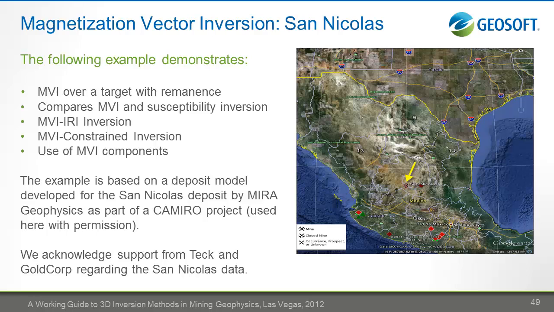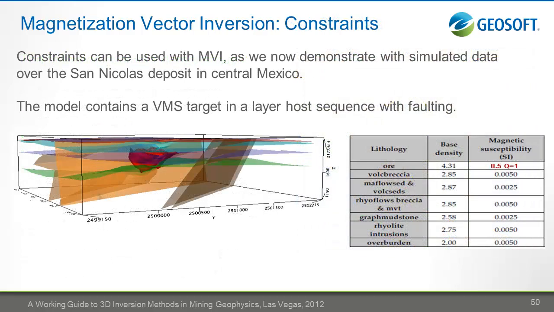San Nicolas itself is situated in central Mexico. I'm showing it here. And the deposit model that was built for that, I showed this image earlier. It's a VMS target in a layered host.